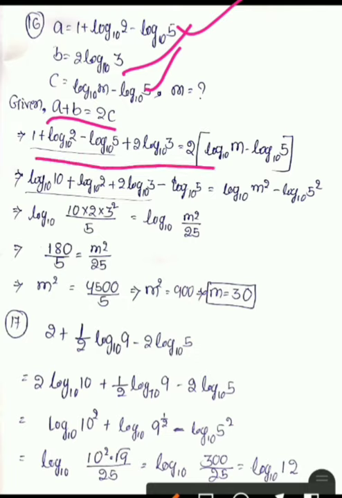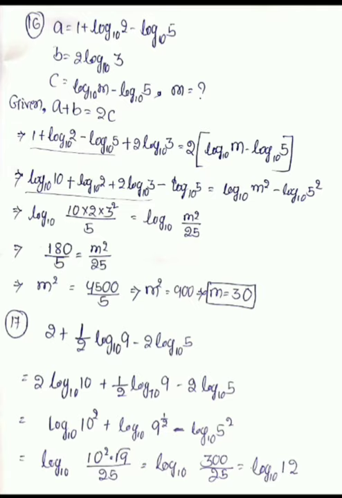You write it. Then after, I have written this 1 as log of 10 to the base 10. Okay. Now just add it. By using the product law and the quotient law, you can write it like this.